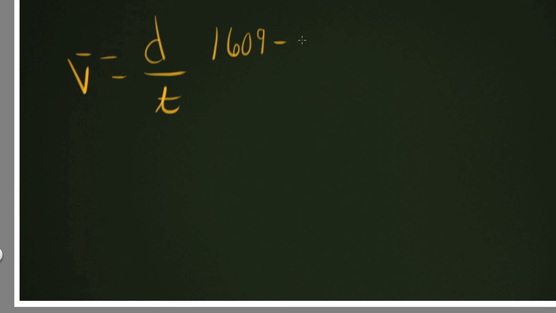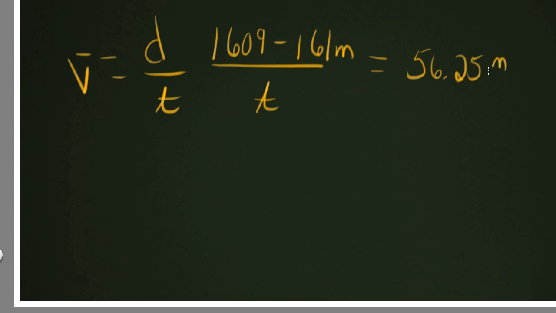For the rest of the way, the Beetle is falling at a constant velocity. So here I can use average velocity as distance over time. That distance is going to be 1 mile minus the 161 meters it fell to reach terminal velocity, all over the time, which we're trying to find. That equals the average velocity it has now reached, the terminal velocity of 56.25 meters per second.